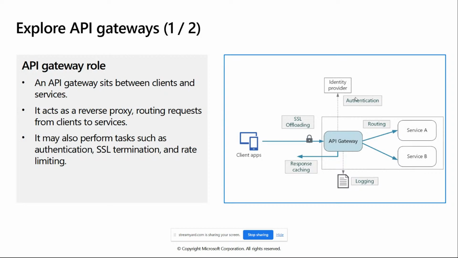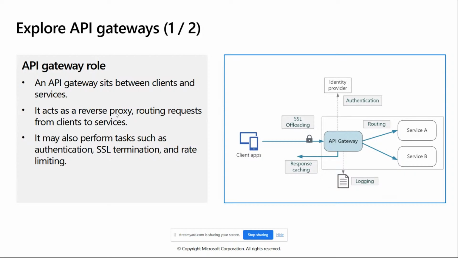And what we would be doing as well is authenticating inside the API gateway. For the authentication, we would be providing the identity provider, and once all these things are done, then we would be giving the response back by response caching, and we will also be noting the logs of what the API gateway has done.